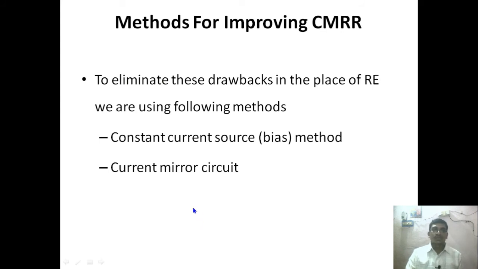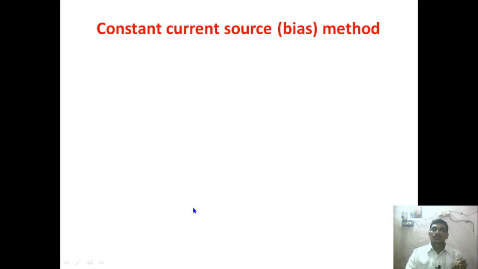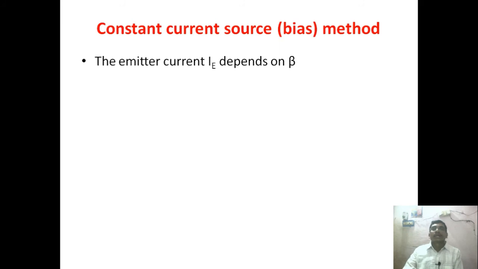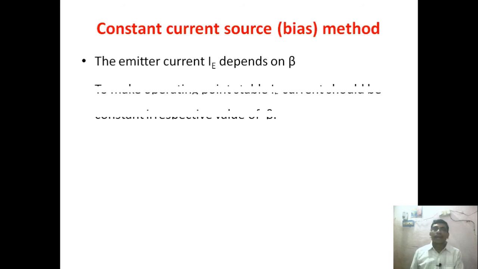Let us quickly move into the constant current source bias method. In this method, the emitter current IE depends upon the beta value. We already know IC is equal to beta times IB, and IC is approximately equal to IE. Therefore IE is equal to beta times IB, which means IE depends on the value of beta.